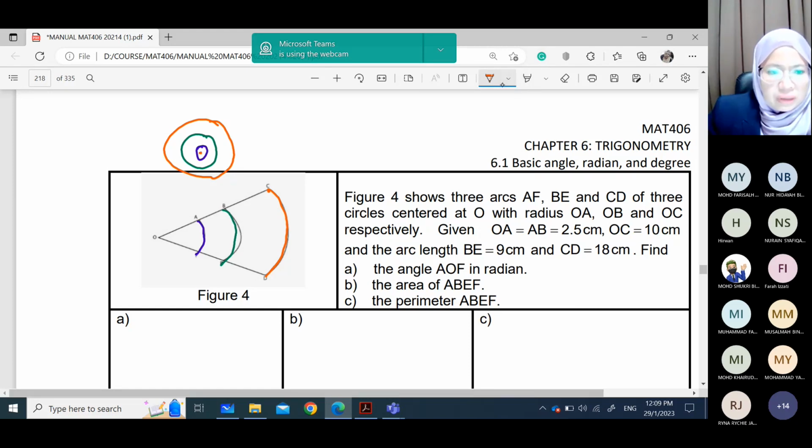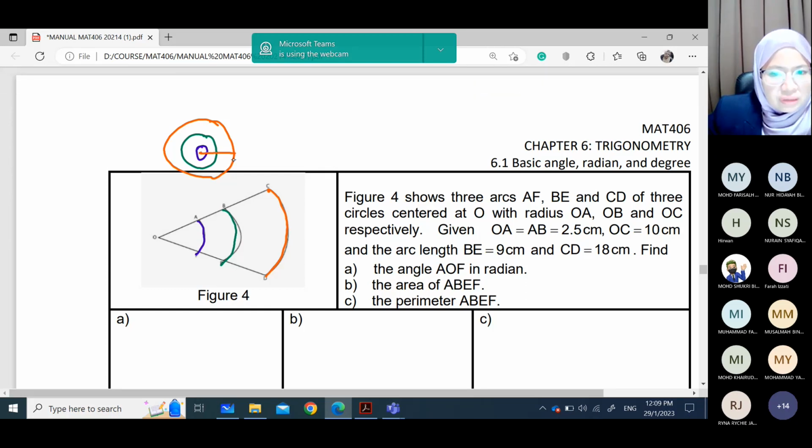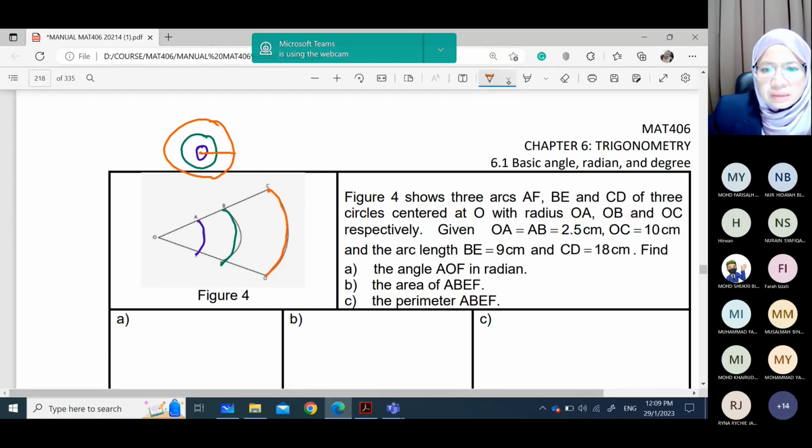Okay, jadi kalau you nak dapatkan radius bagi the biggest circle, is from here to here. So ini radius dia, jarak daripada OA, OB dan terus ke OC. So kita tengok sini, OA and AB are equivalent, which is 2.5 cm.